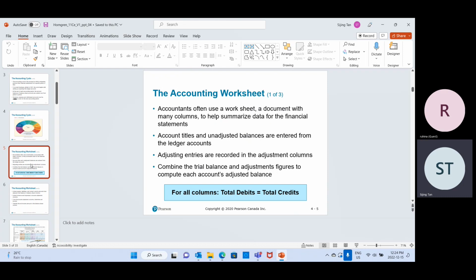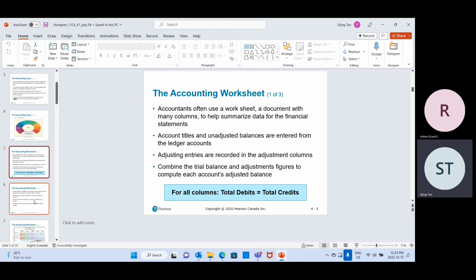The accounting worksheet: we actually have examples from our textbook. It's an optional tool, so it's not necessary. If you have been working with an accounting company or the accounting team in a big company, you probably haven't seen these worksheets before, but it's a good example, very convenient to show all the accounts in the adjusting and closing process.